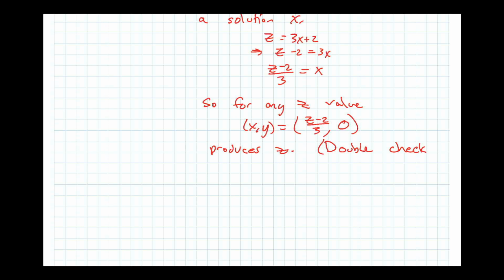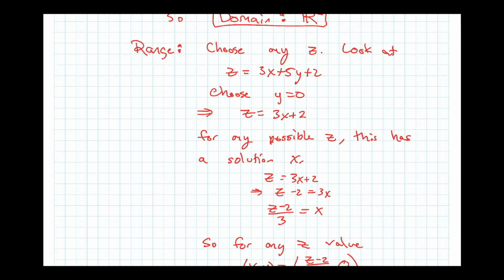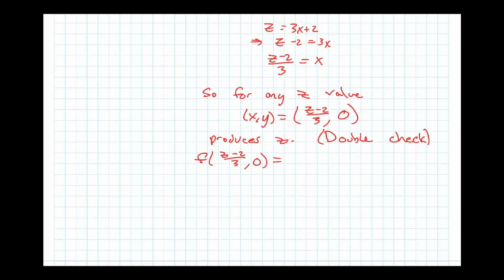So just to double check that this is true, what is f of, if I put this in for my x and y, if I put that into the function? This function here, 3x plus 5y plus 2, you have 3x plus 5y plus 2.